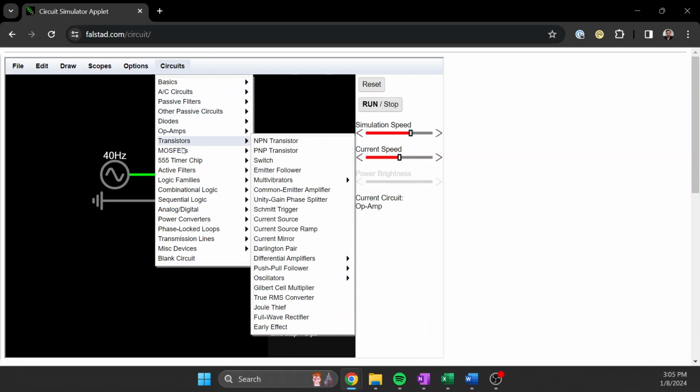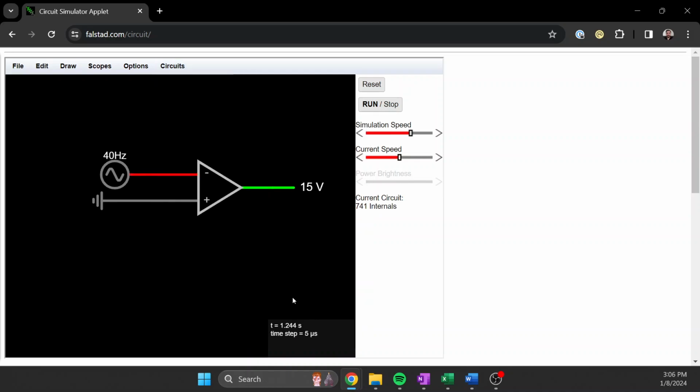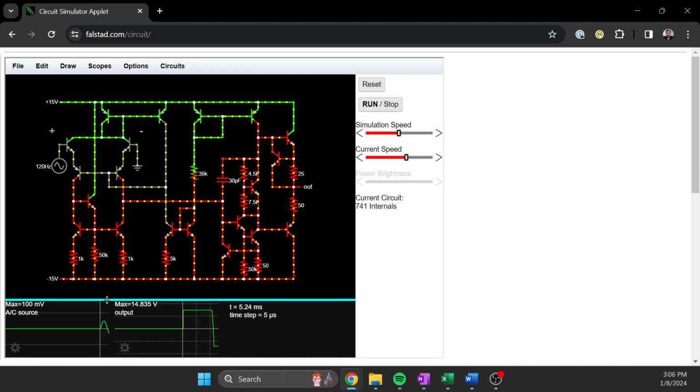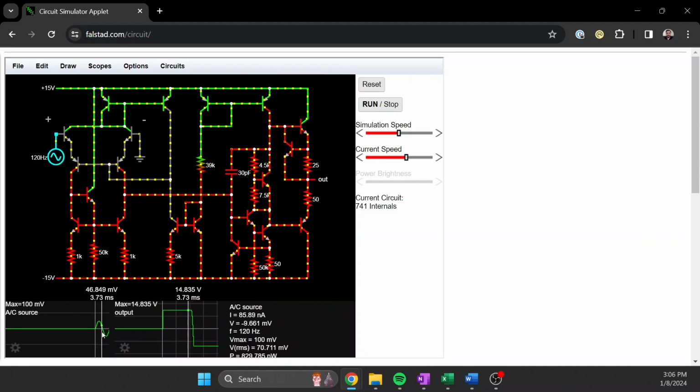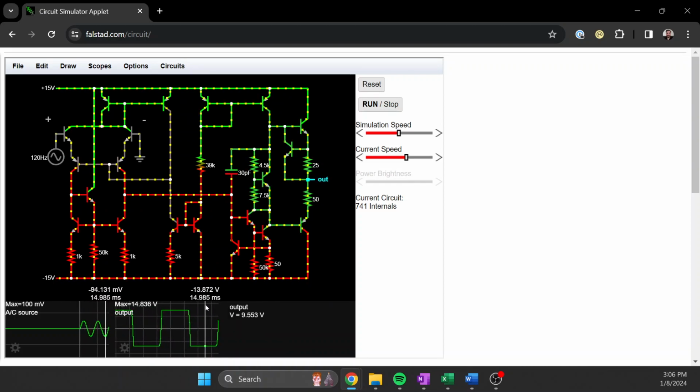You can see that also if I pull up the internals for the 741: the input voltage is a sine wave and the output is an amplified square wave.